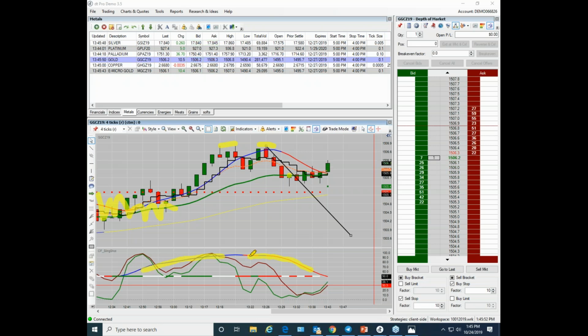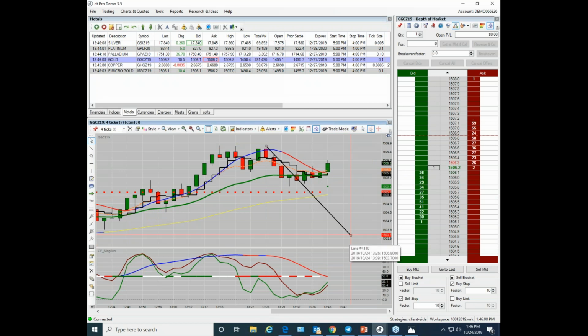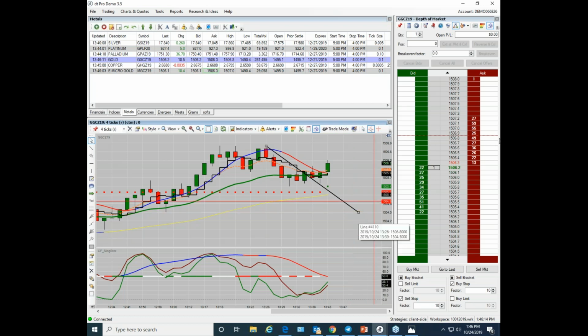If that turns red on you, the trend line is required. Not only is it required, but a close above the trend line is required. So the trend line is originally drawn like this. Now it's adjusted like that. That is your first close above the trend line.